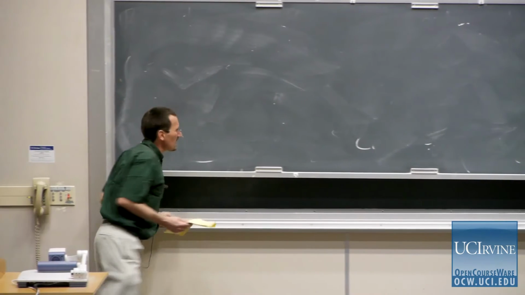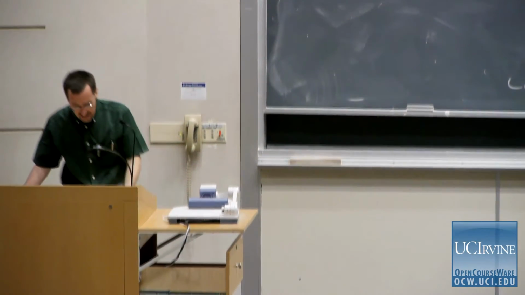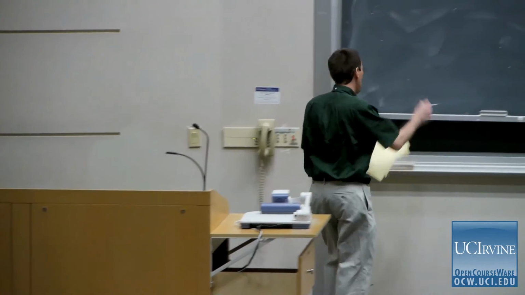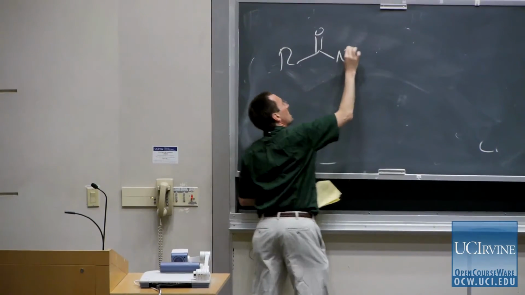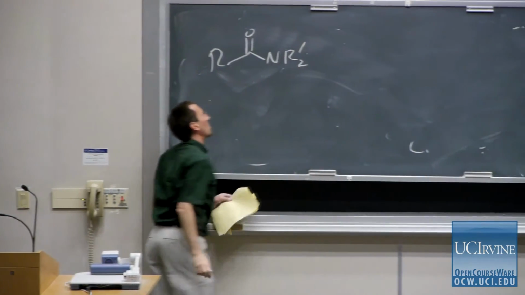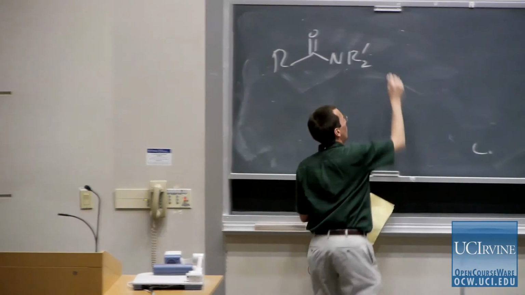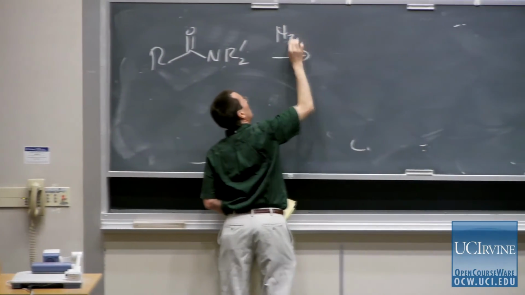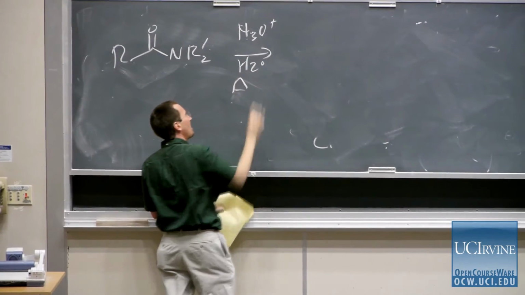All right, just as esters can be hydrolyzed by aqueous acid, amides can be hydrolyzed by aqueous acid, and nitriles can be hydrolyzed by aqueous acid. If I take some amide, I'll write this as RCONR2', and I cook it up with acid, H3O+ and water, maybe heat that a little bit.